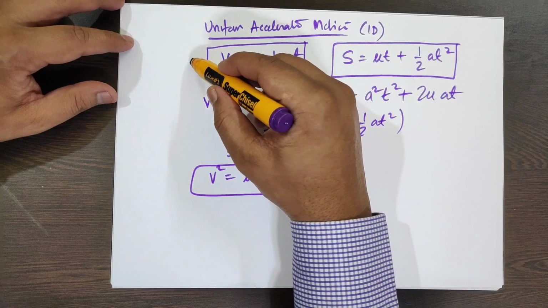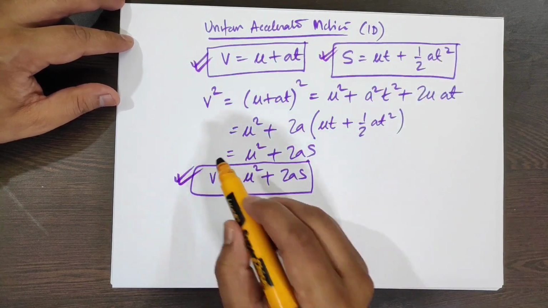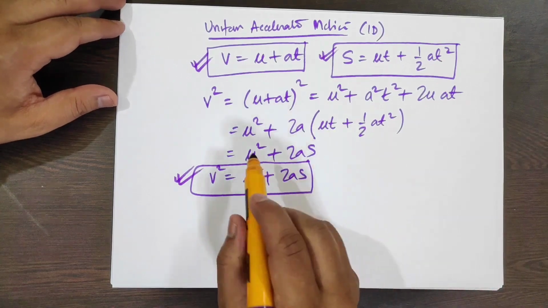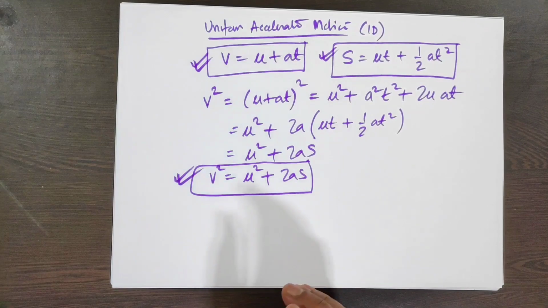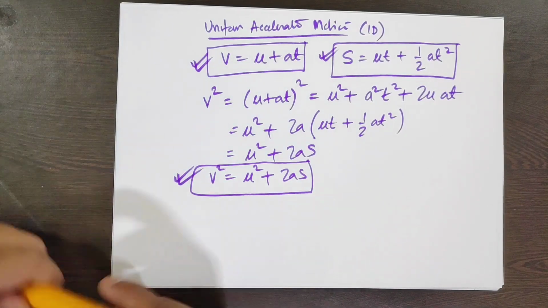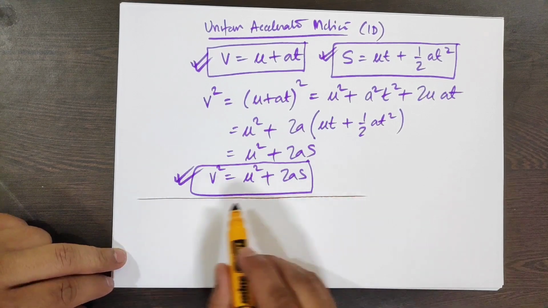So you get one more equation, v square equals u square plus 2as. So basically we have three equations to deal with problems on one-dimensional motion. You could have reached this equation in a different way. Here I am showing an alternate proof.